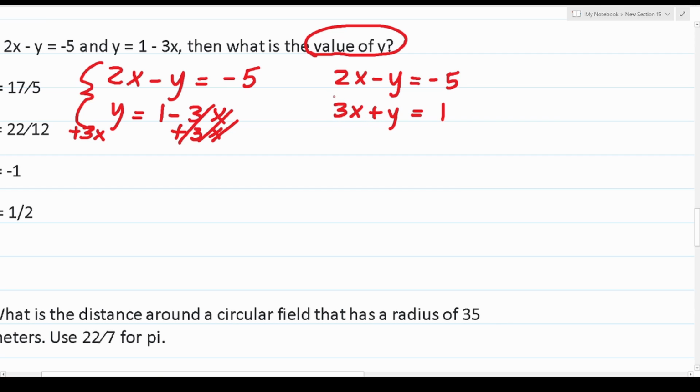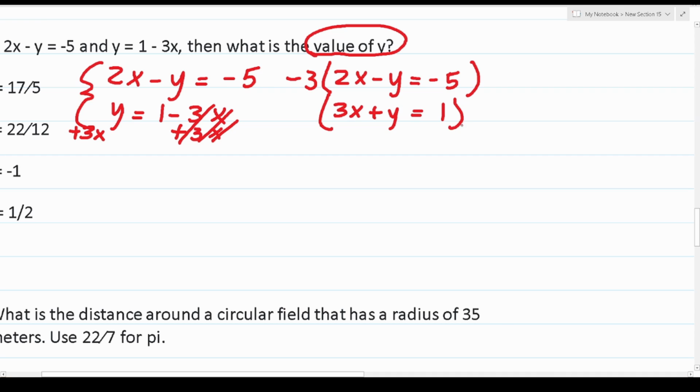And in order to do that, we want to use either the substitution or elimination methods to solve this system of equations. More specifically, we want to use one of those two methods such that we just get y left over. What I'm going to do is take this top equation and multiply it by -3.